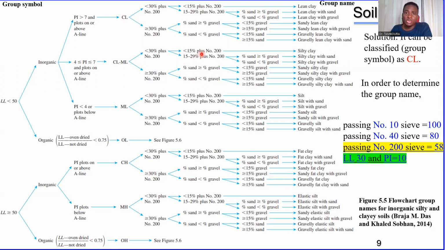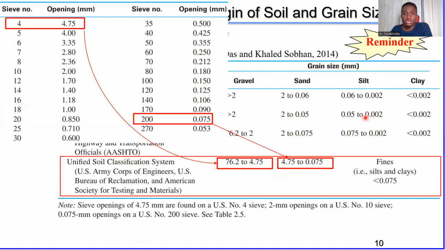So how do we know if the percentage of gravel is smaller or higher than that of sand? For that I need to remind you of this table. Do you remember this table?